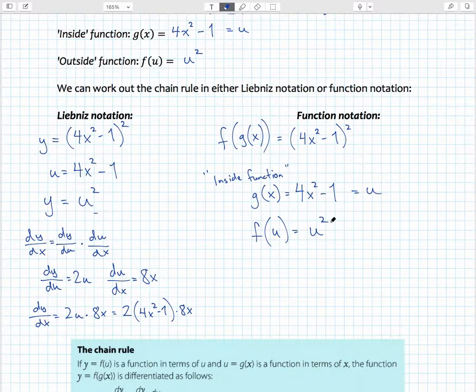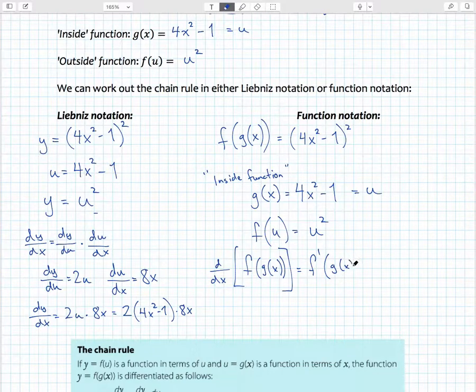And so now our rule, our derivative, this is the derivative operator, d/dx of the composite function f of g of x, is going to be equal to the derivative of f with g of x inside, times the derivative of g with respect to x.